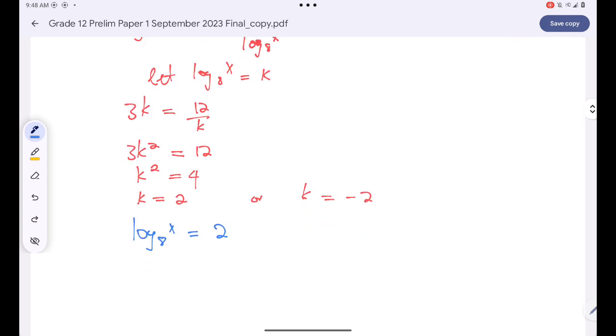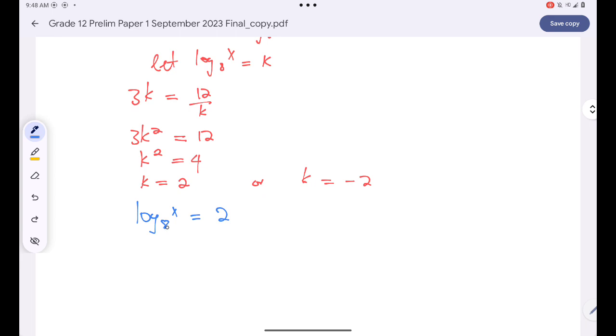Are you together? And then the first thing I need to do is to remove the log. But how can I do so? The 8 should become the base on the other side, and then this number will be just an exponent, and then x will just be remaining on the other side, and then x is just equal to 64.